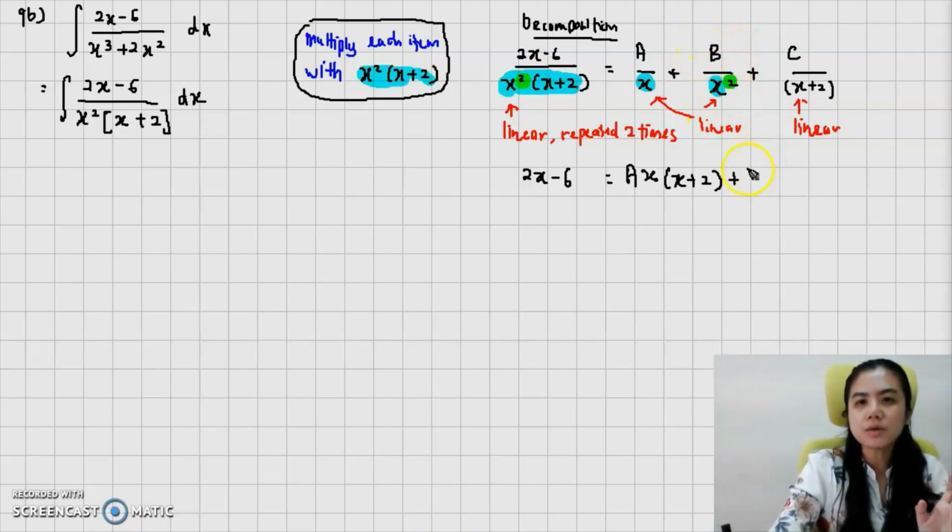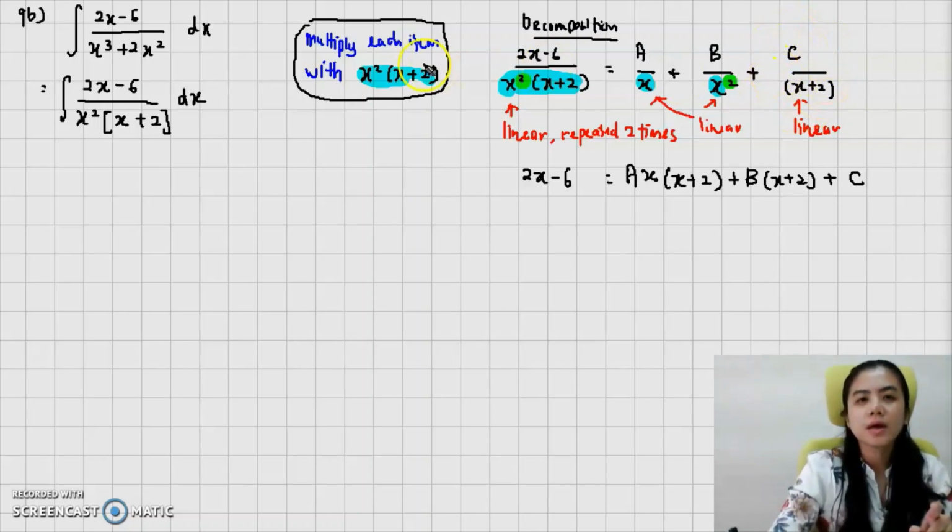What is remaining is b, and x squared already cancelled out with this, so you are remaining with x plus 2. And then the c here.